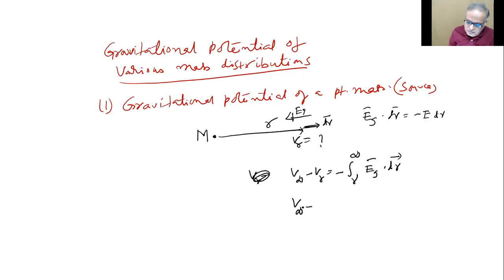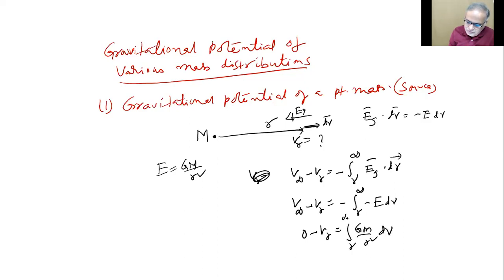So V at infinity minus V at R is equal to minus integral R to infinity of minus E dr. So this minus minus goes. V at infinity is 0, and E for a point mass will be Gm by R square. If I put that, Gm by R square dr from R to infinity, I get minus V(R) equals Gm into the integral of 1 by R square dr, which is minus 1 by R.